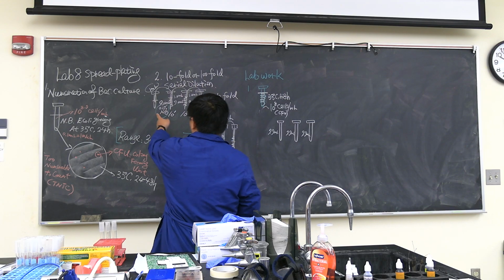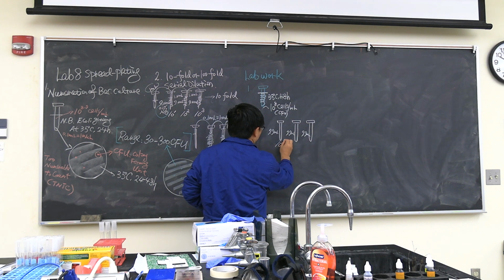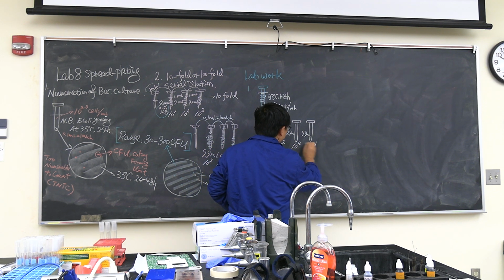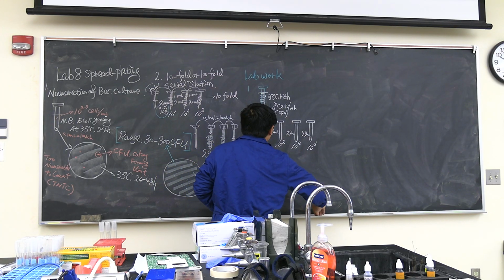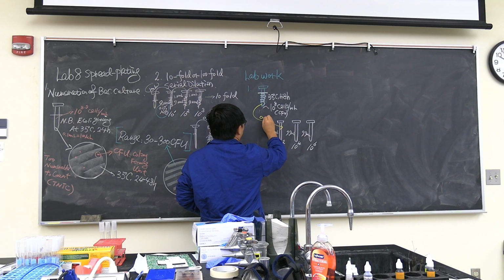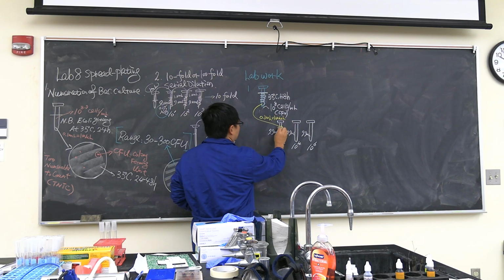I already talked about dilution factor. So you can label these as 10 to the power of 2, 10 to the power of 4, 10 to the power of 6. So how do we do it? You're going to pipette 0.1 ml, 100 microliter, onto the first tube, and then mix very well.